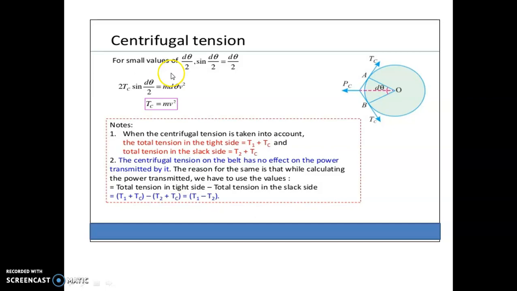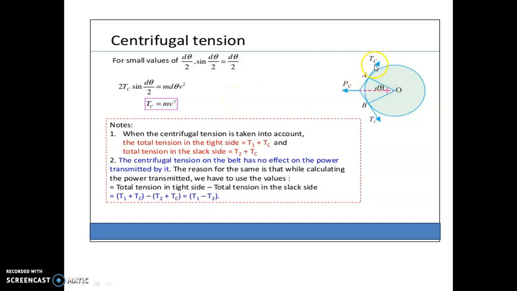As the value of d theta by 2 is very small, so sin d theta by 2 is equal to d theta by 2. Now, at point A, Tc is there, at point B, Tc is there. So, we will write the equation for centrifugal force.